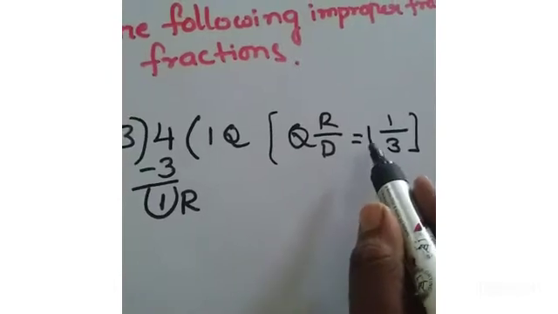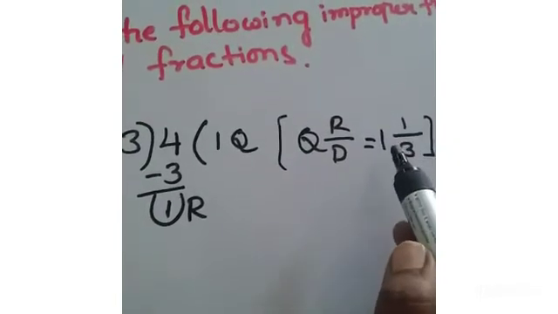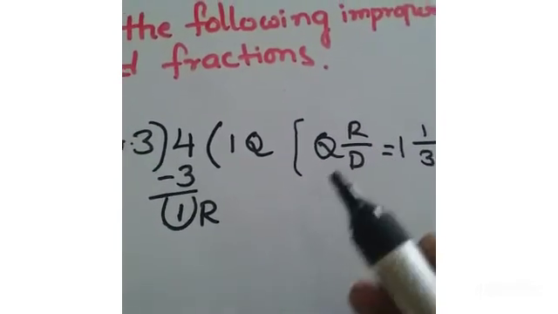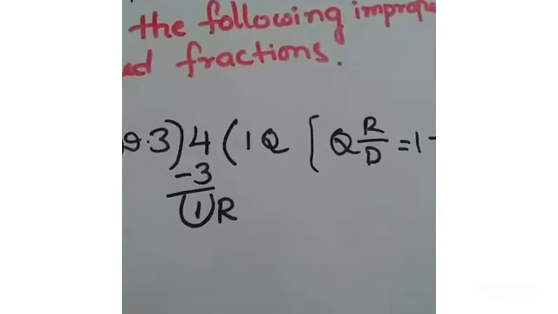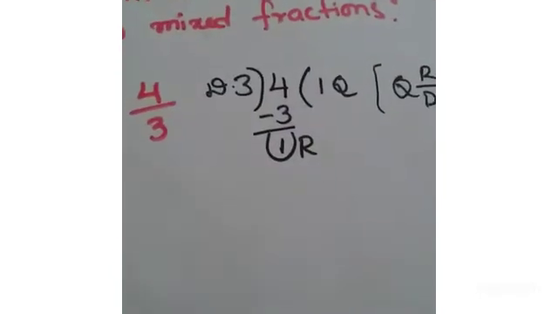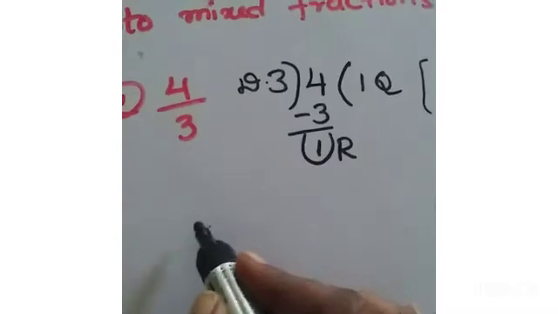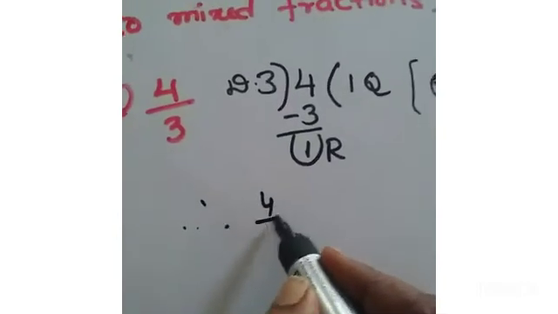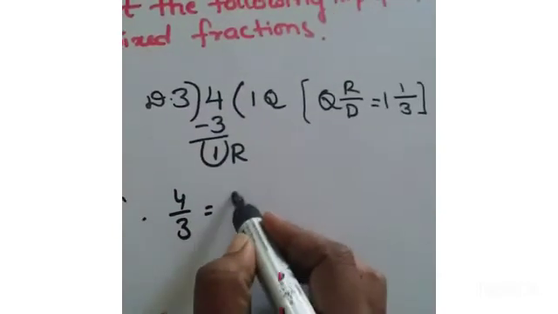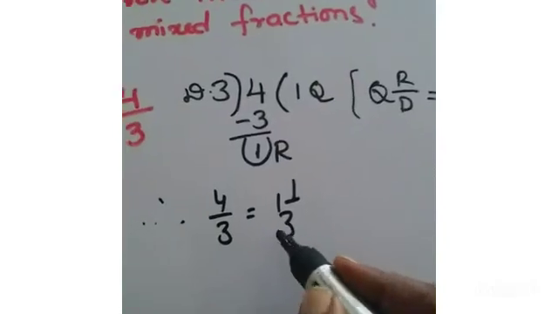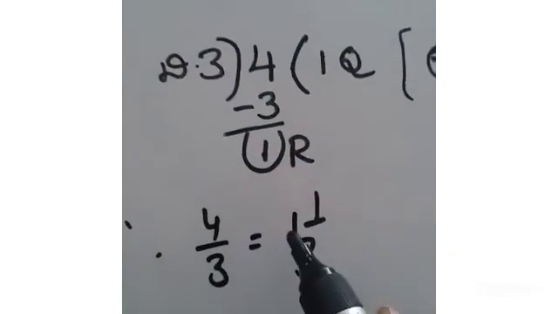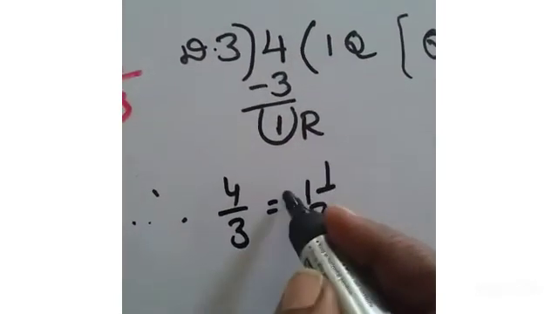So the mixed fraction is 1, 1 by 3. Therefore, 4 by 3 is equal to 1, 1 by 3.